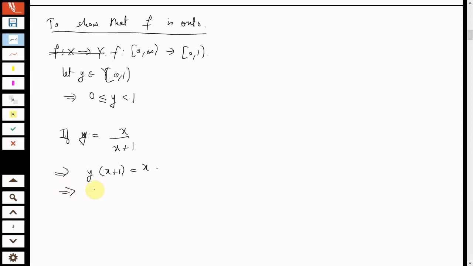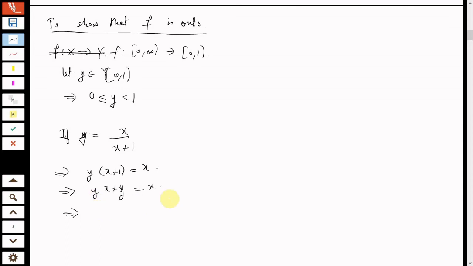I want the value of x in terms of y. So yx plus y is equal to x. Now take the terms of y to one side and the terms of x on the other side.